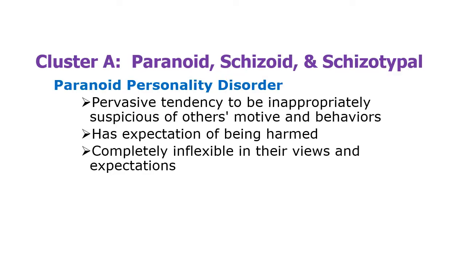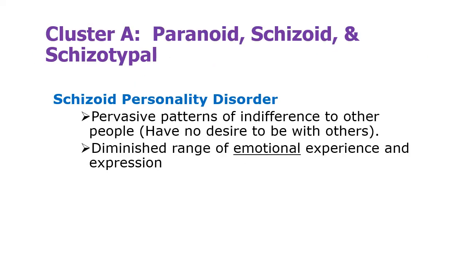Okay, beginning with cluster A, we have paranoid personality disorder. And this is exactly what you expect. They are suspicious of others and they have an expectation of being harmed. Pretty self-explanatory. And cluster A also has schizoid and schizotypal.